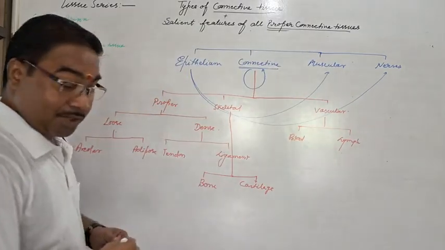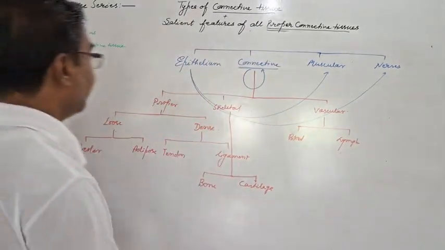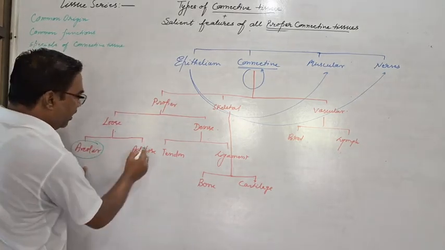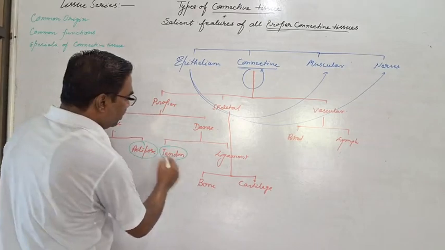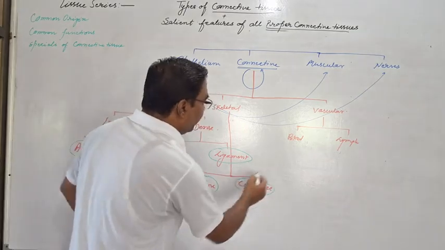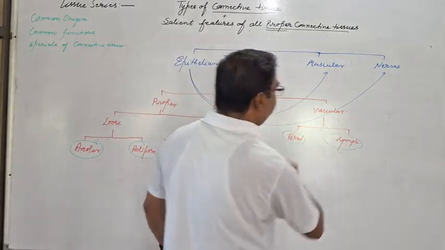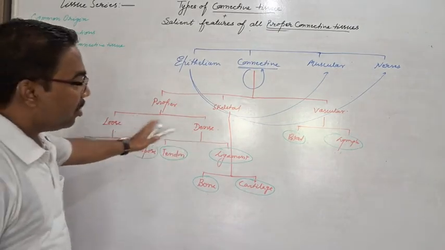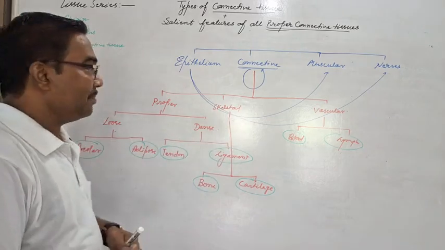Okay. So if you want to understand all the connective tissues, you must remember the words areolar, adipose, tendon, ligament, bone, cartilage, blood and lymph. These all are connective and these all are connecting some things.